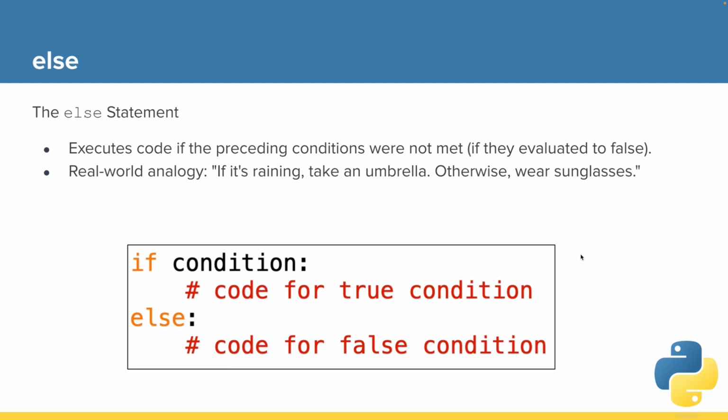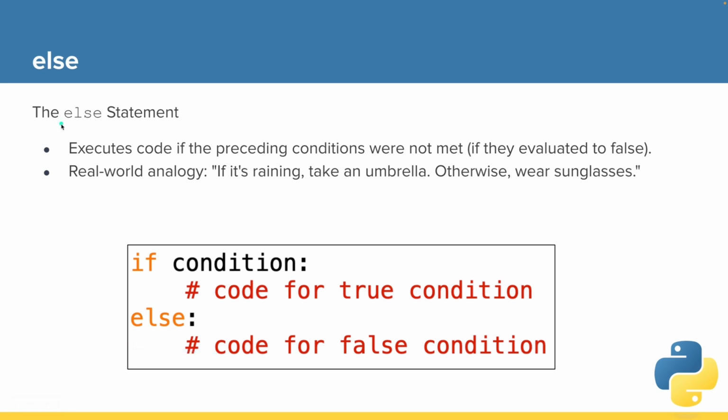Let's continue on with our else statement now. So the else statement, I want to talk about this right after our if statement, because a lot of the time we will see an if-else scenario. So if a condition is met, do something. Otherwise, in all other conditions, do something else.